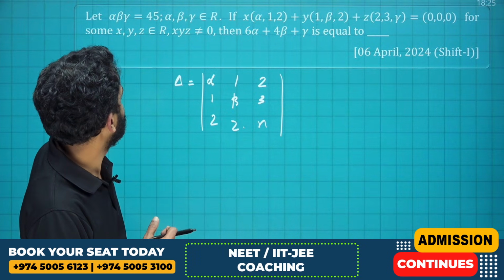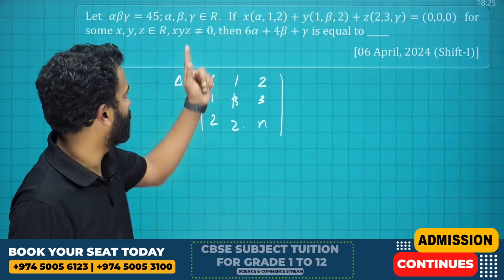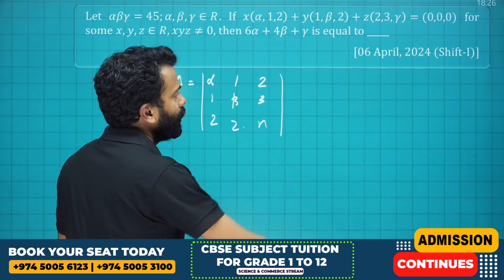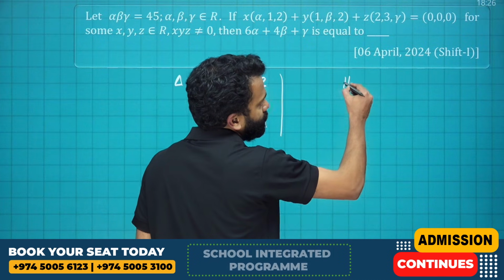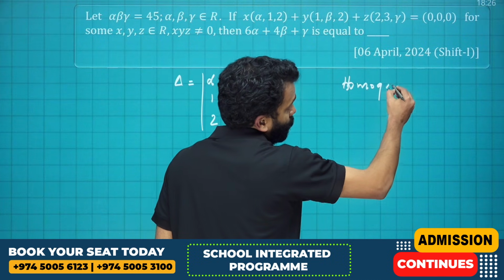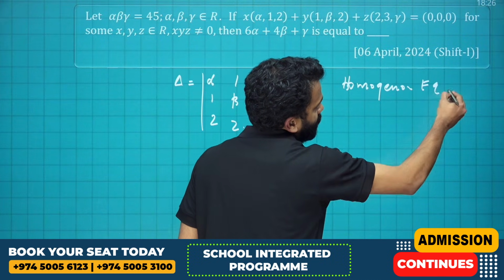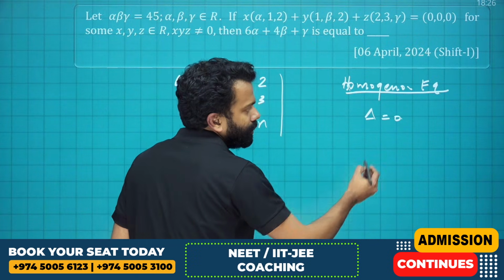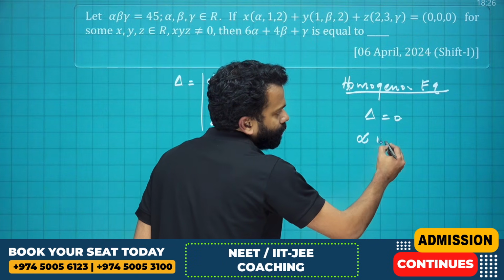So what will you do in this case? x, y, z is not equal to 0. Yes, it is mentioned: x into y into z is not equal to 0. So in a homogeneous equation, I forgot to mention that, forgot to look at that. For a homogeneous equation, if delta is equal to 0, then the equation will have an infinite number of solutions.